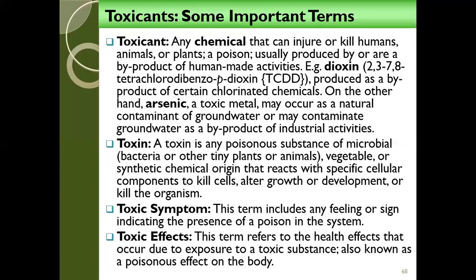So these are just terminologies that I'm trying to put across to you. A toxicant, as you have said, is any chemical, be it natural, inorganic, or organic, that can injure or kill humans, animals, or plants. You have a number of these poisonous chemicals.